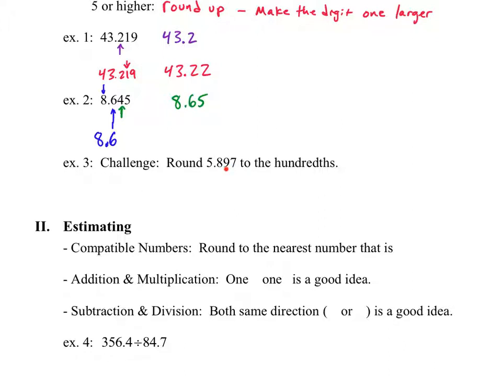Ooh, so I make the 9 a 10. And it's kind of like when you were doing the addition before and you run out of things in one column, you could carry the 1 to right there. So my 9 is going to become a 0. 8 plus 1 gives me 9. So I have 5.90 would be rounding to the hundredths. And because I'm going to that hundredth spot, I do have to have 2 digits. So you could say 5.90.